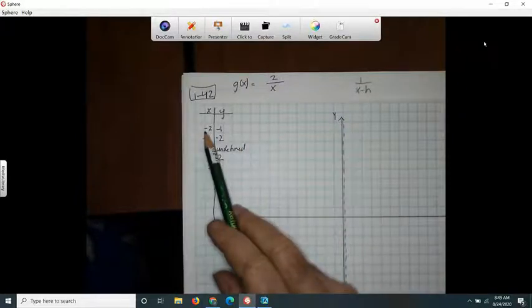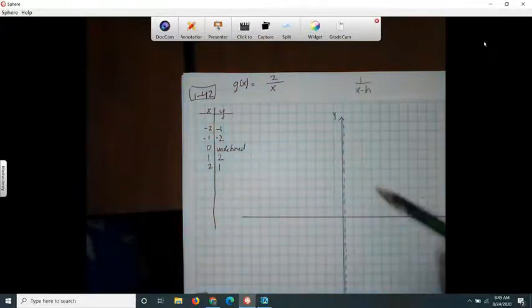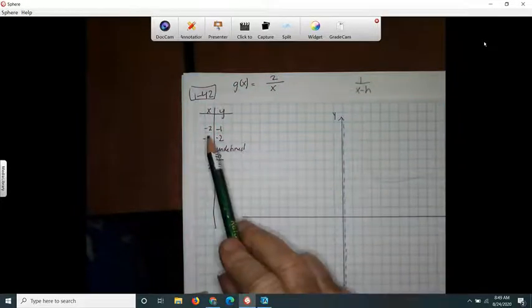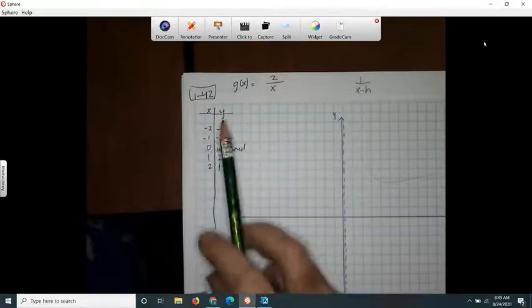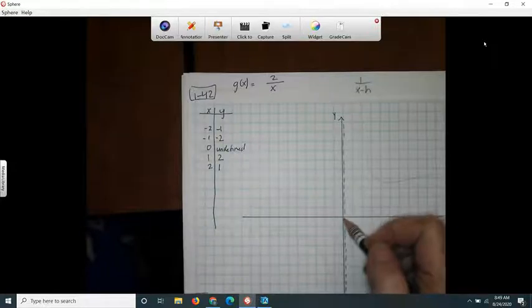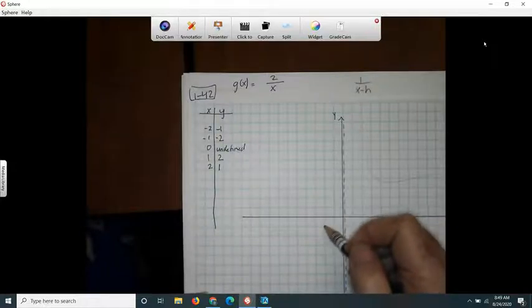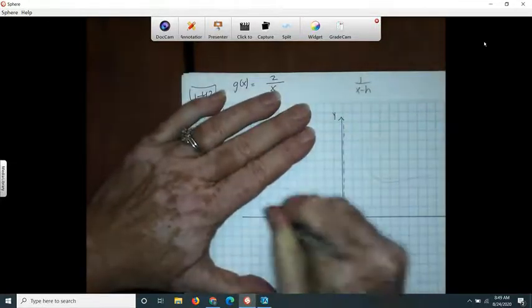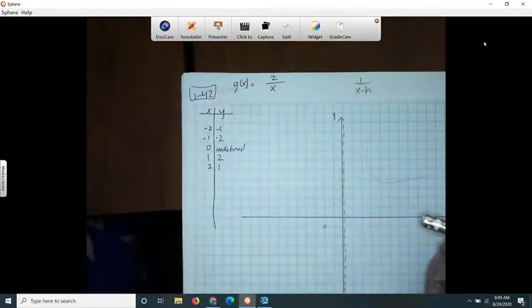And then when I plot points, I'm not going to just go boom, boom, like that. Okay, I want my points to actually be on my graph. So, like if they're graphable, like -2, -1, it's graphable. I don't want you guys to just do a sketch, because this one, they asked for a complete graph.